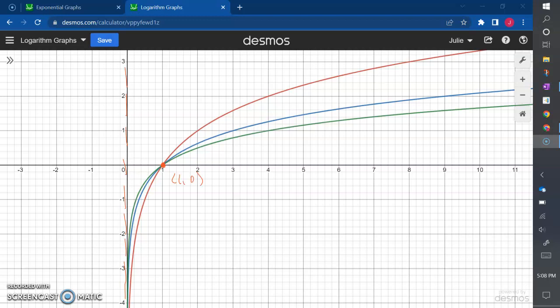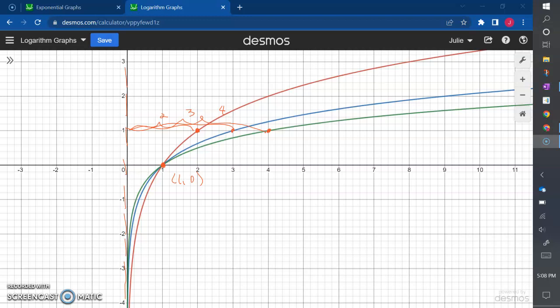Depending on their base, we have this point here for log base 2, this point here for log base 3, this point here for log base 4. All of these distances are related to the base. Since this is base 2, this distance here is 2. This one here is 3, and this one here is 4.